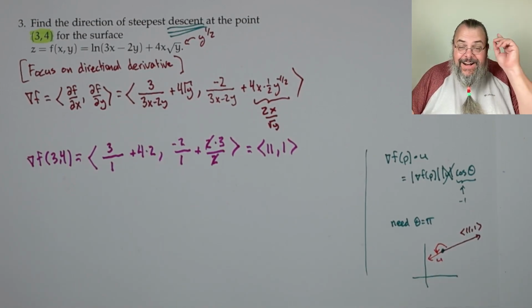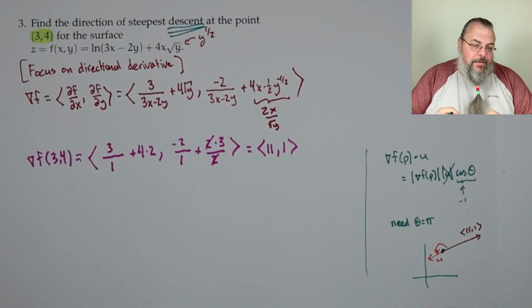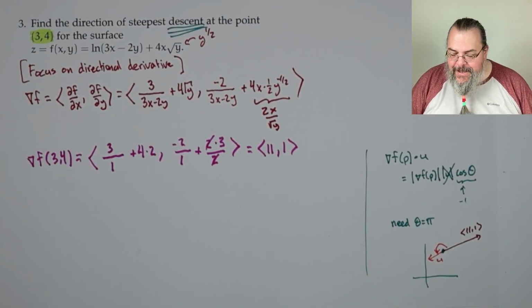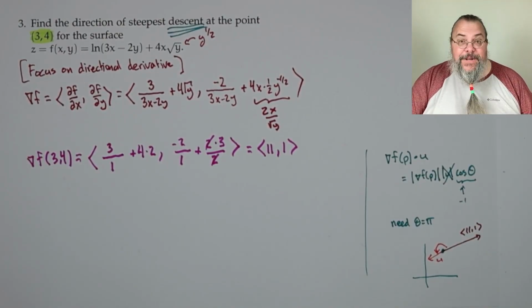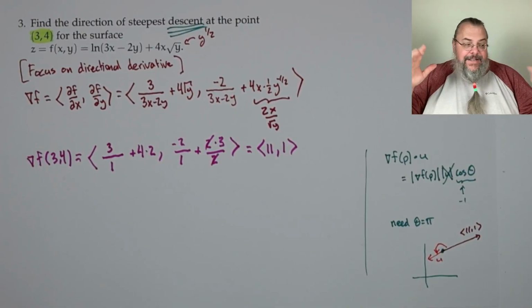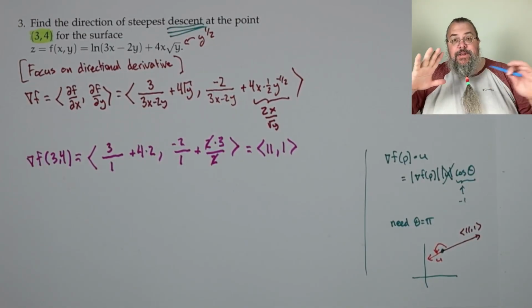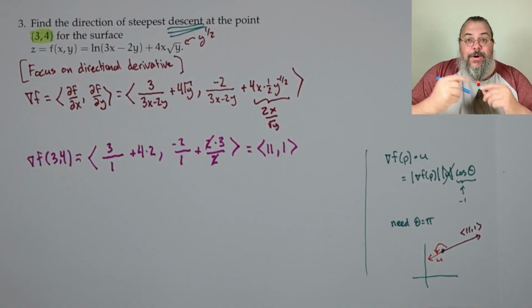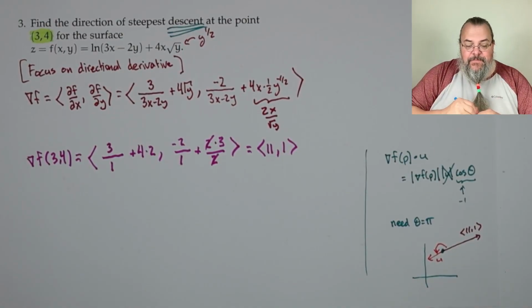So that's the great aha. All right, and this is what we'll learn soon. And maybe by the time you watch this video, you already have learned it. But the great aha is to say, if we want the direction of steepest descent, run opposite the gradient.